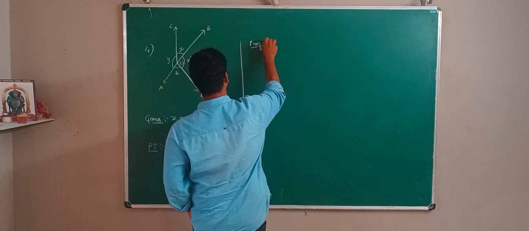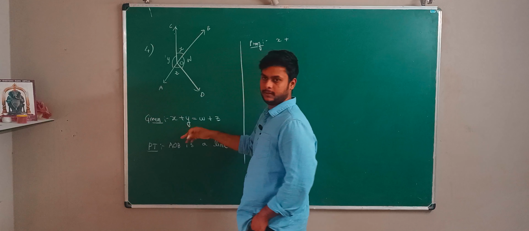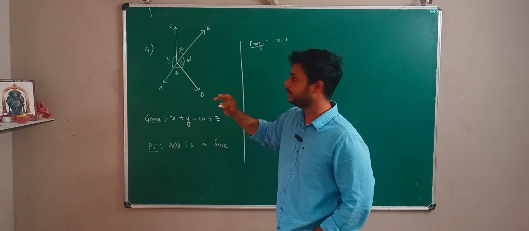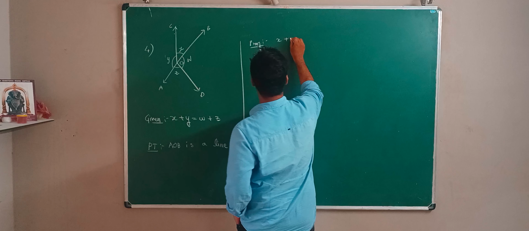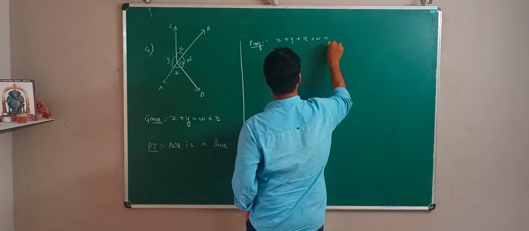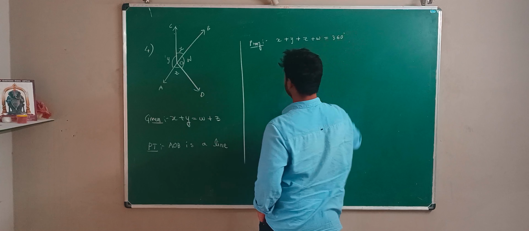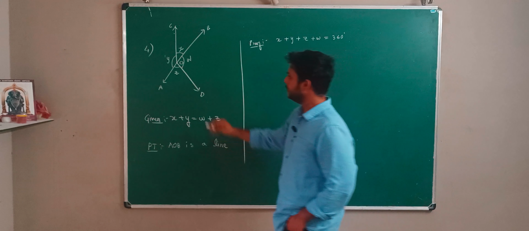So x plus y is equal to w plus z. Leave that, that is given. Remember this. Now, if I add all the angles x plus y plus z plus w, how much will I get? Why? It became a complete angle, no?